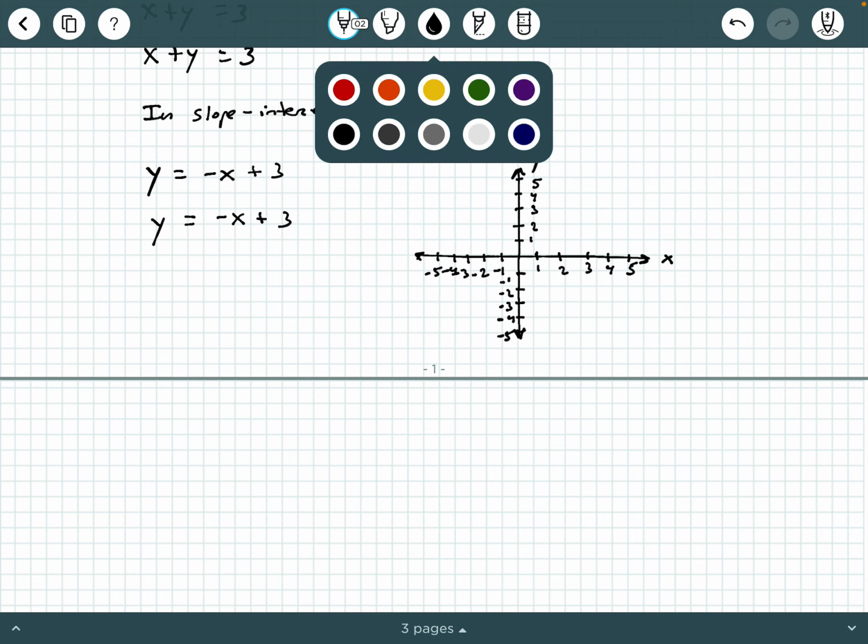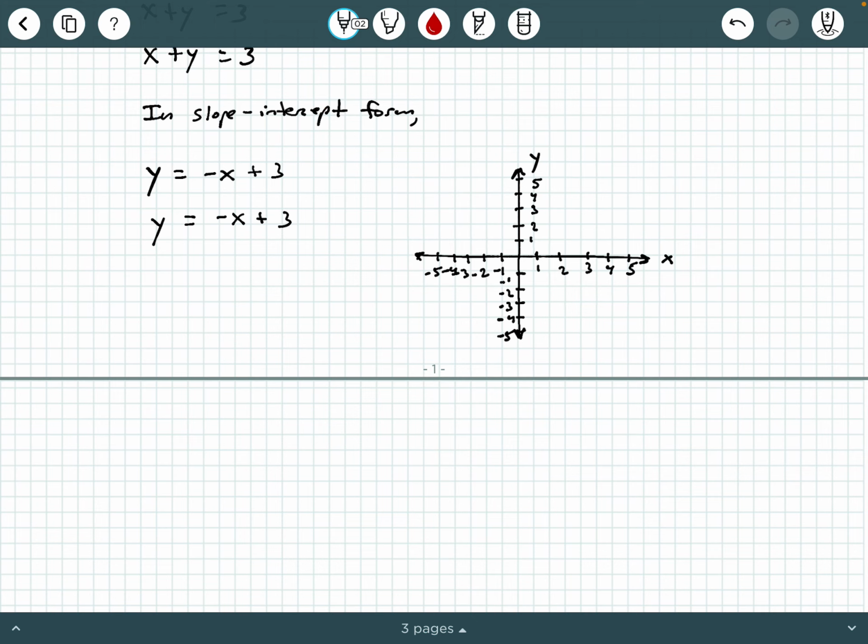If you notice, again, we have the same equation twice. We have a positive 3 giving us a y-intercept of (0, 3). And then we have a slope of negative 1. So we have a decreasing linear function. And of course, we can plot this like so.